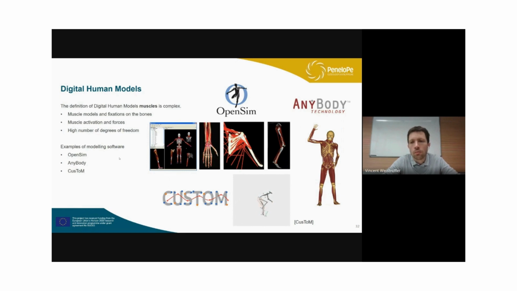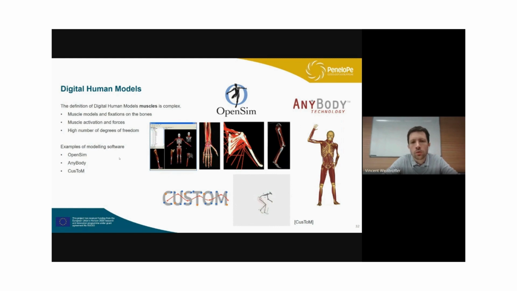These muscle models are quite complex to define, because you have to define where to locate the muscles on the bones, how to fix them on the bones. You also need to know how to activate these muscles, by providing a force or an activation level on each muscle.